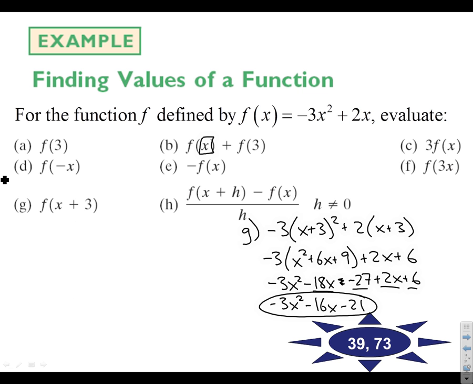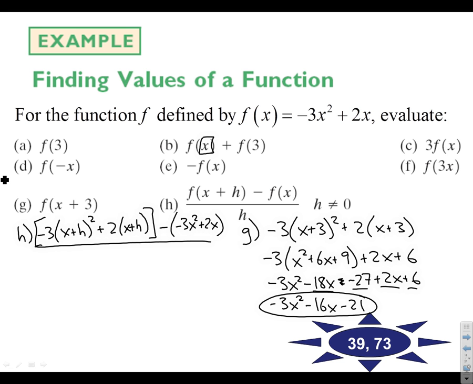So let's put it all together. f of x plus h is negative 3 times (x plus h) squared plus 2 times (x plus h), minus, and let's get some brackets here so we can keep the whole thing together, minus (negative 3x squared plus 2x), and this will all be over h.